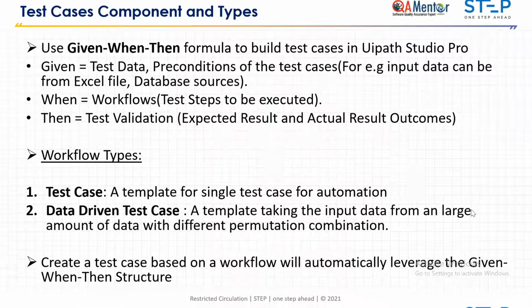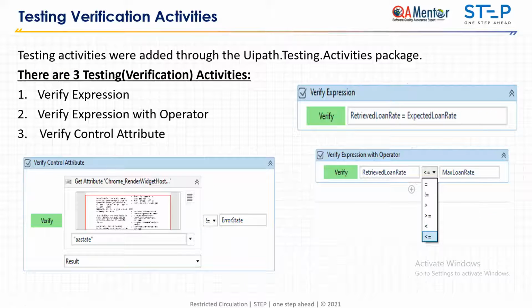So let's see the related verification points. Whenever we need to give testing verification activities, we need to take care of these three testing activities. We can use any one of these: verify expressions, verify expressions with operator, and verify control attribute.